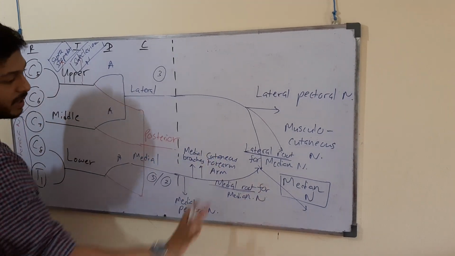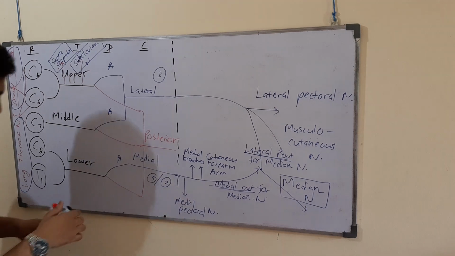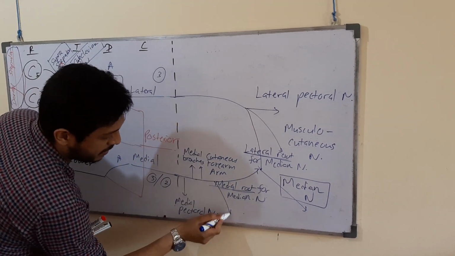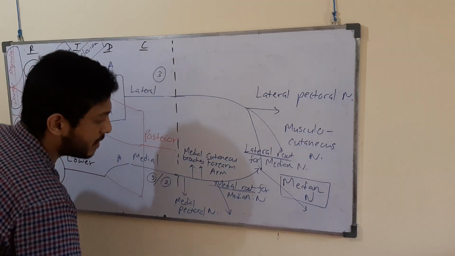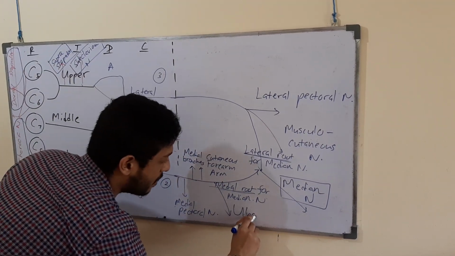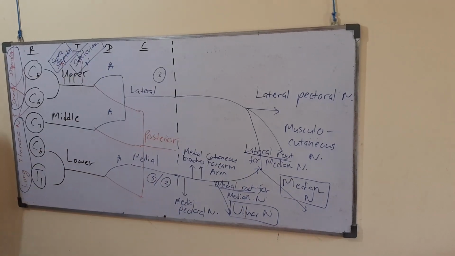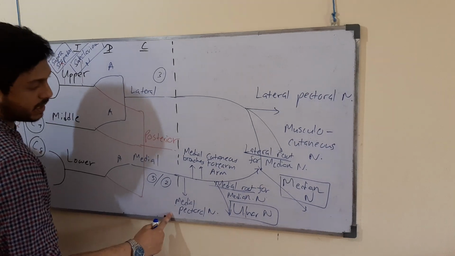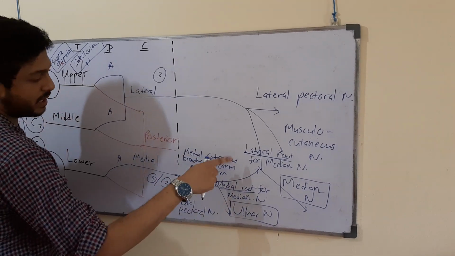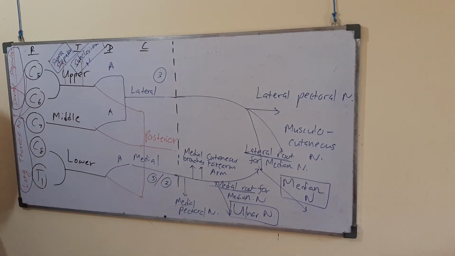So the five branches, oh no, there's one else. So the other main branch of the medial cord is known as the ulnar nerve, right? So these are the five main branches of the medial cord: the medial pectoral nerve, the two branches of cutaneous supply to the forearm and arm, and then we have the ulnar nerve.